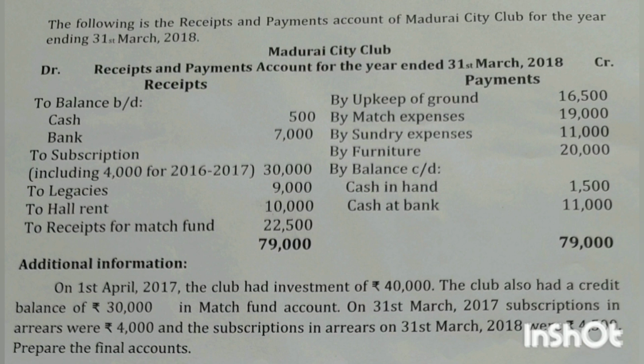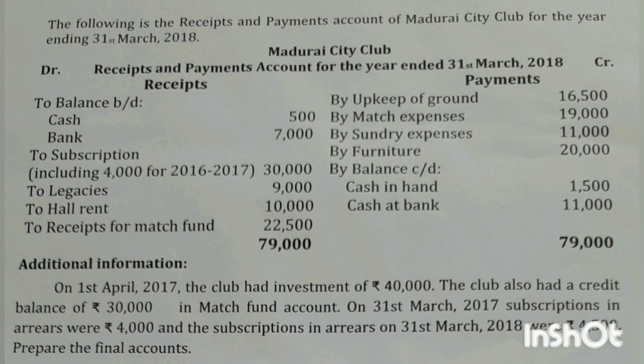After the opening cash and bank balance, they have given subscription, within bracket including 4,000 for 2016-17. In the amount column, they have given 30,000 rupees. Actually, we are preparing final accounts for the current financial year 2017-18, whereas within bracket they have given 16-17, which is the previous financial year.